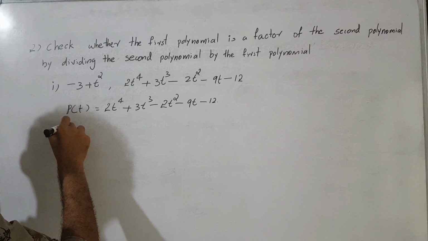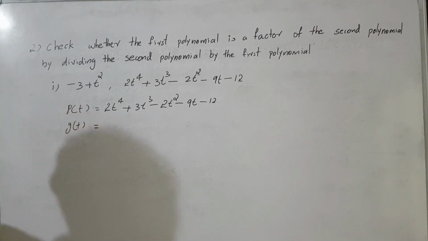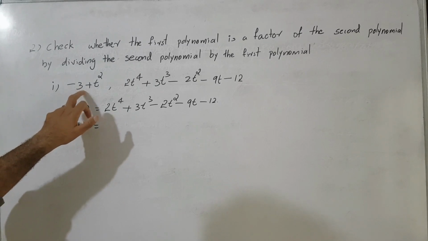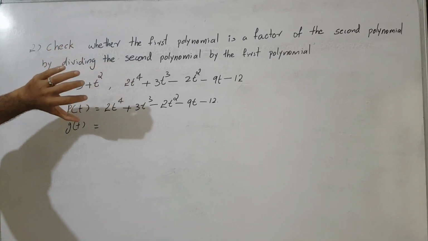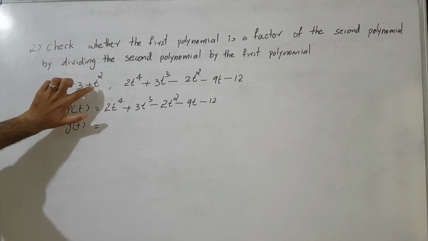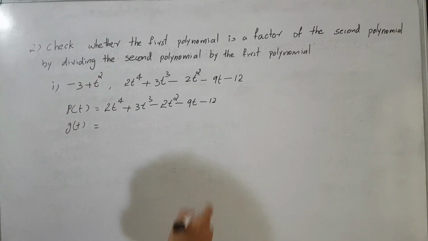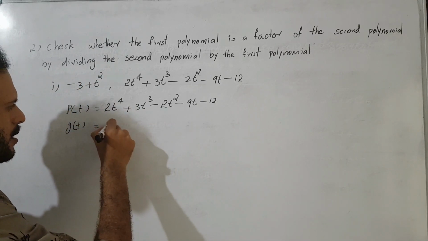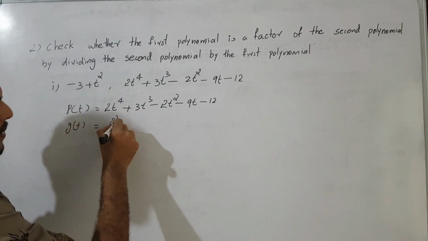Divisor we denote by the letter g of t. Then the divisor is not given in the standard form, correct? In the standard form, first we need the term with the highest power, that is t square. So we rearrange it like this, t square is plus, t square minus 3.